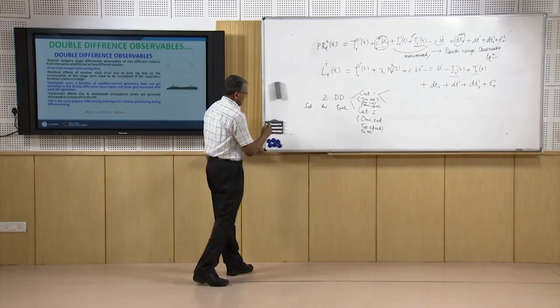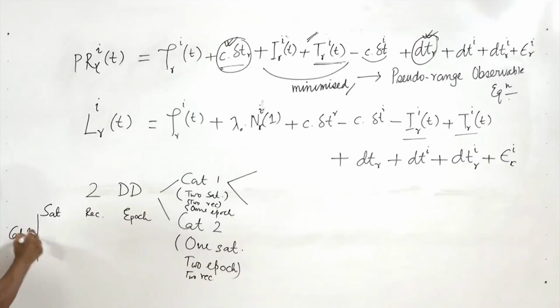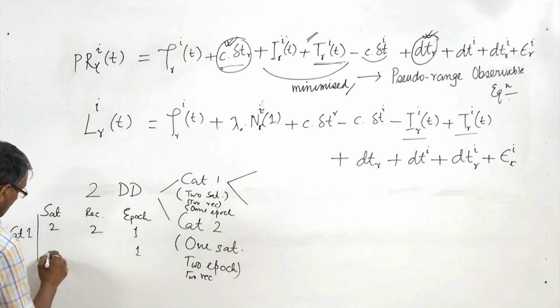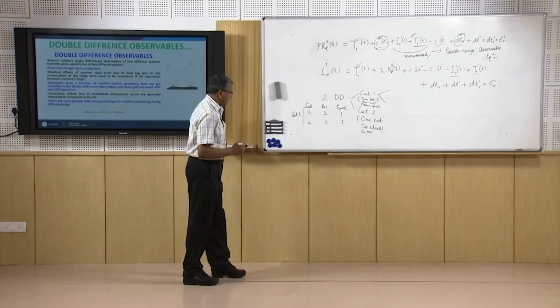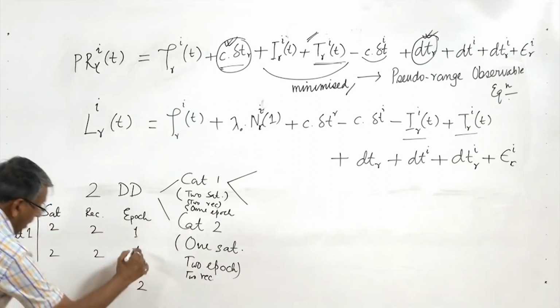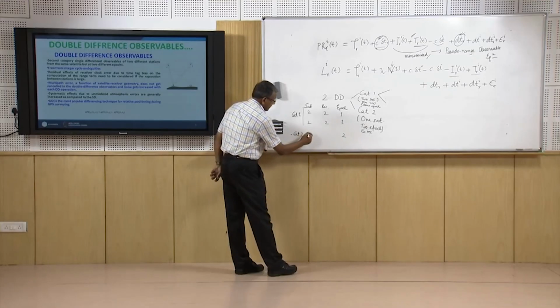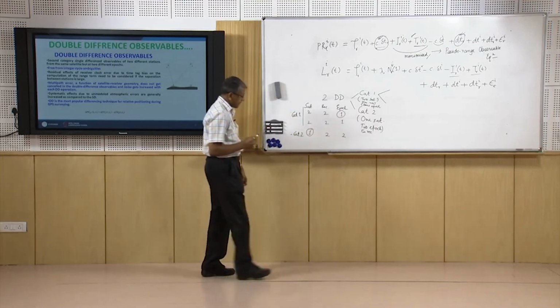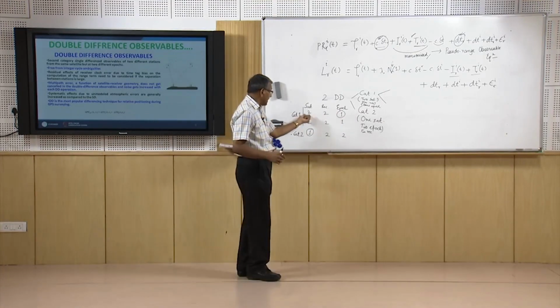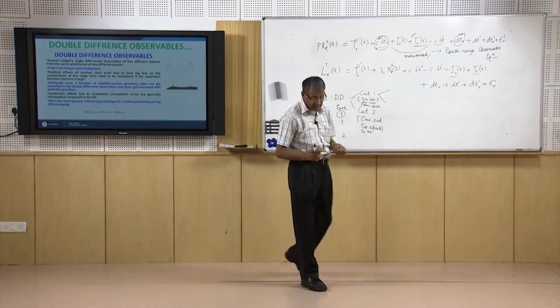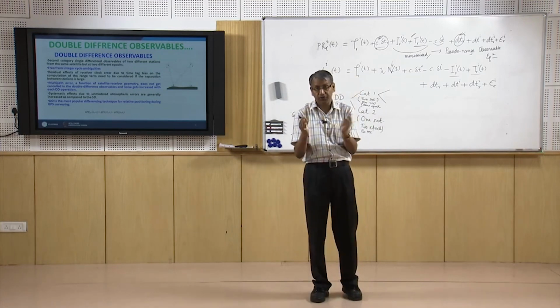Under category 1 it is two satellites, two receivers, but under category 2 it is the epoch which will change, with two receivers and one satellite. So these are the two changes, that means either the satellite can be one or the epoch can be one. In both cases we will take the signals from two different stations or two different receivers.